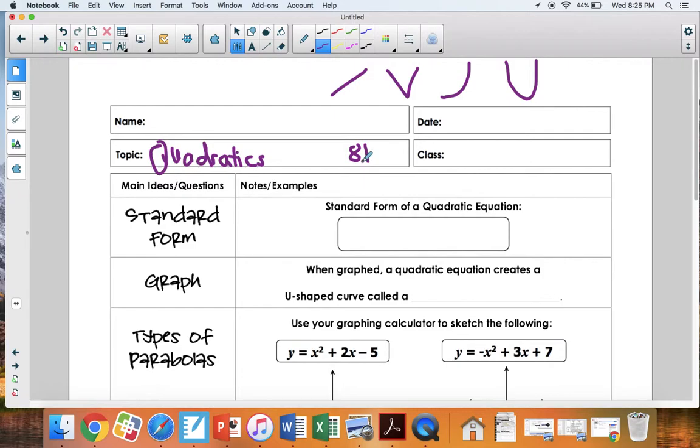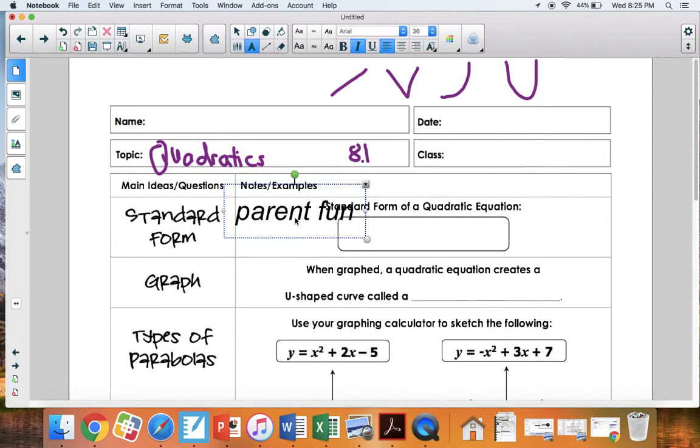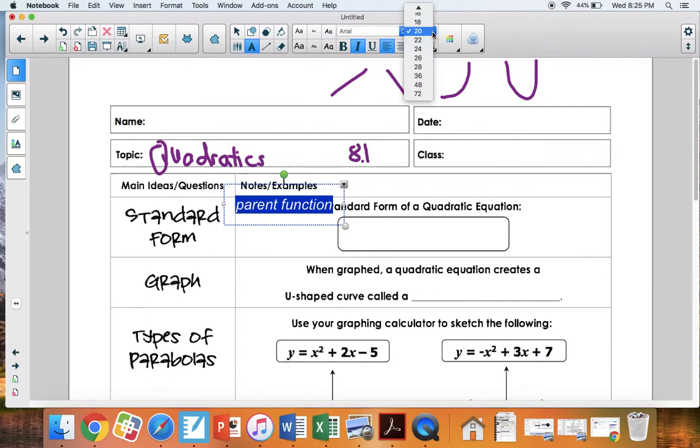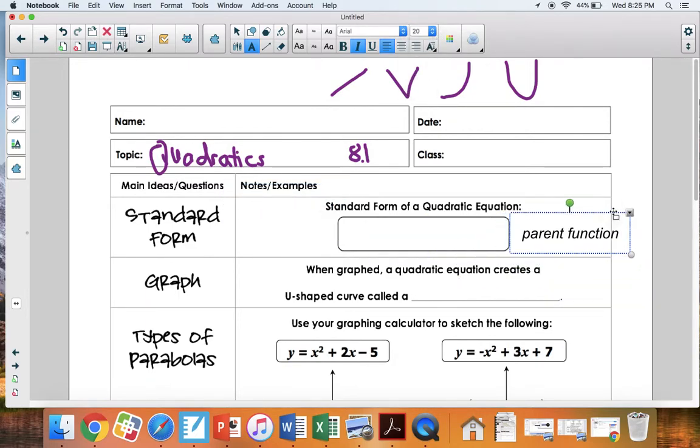So the standard form, or the parent function, of a quadratic is something that you have seen before. In fact, we worked a lot with it in our last unit, and a lot of what we did was to prep us for solving quadratic functions.